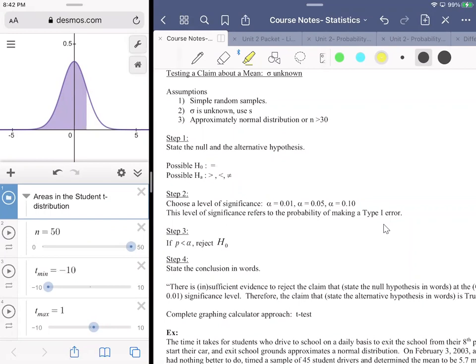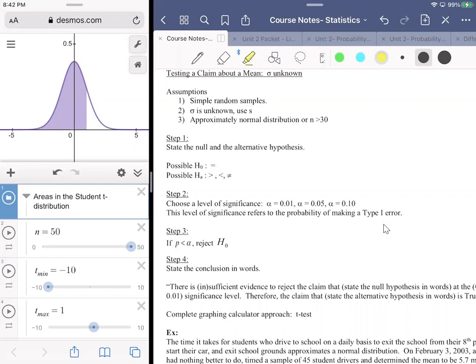So the assumptions for a hypothesis test are important because it's weird. In a hypothesis test, we call them assumptions, but the reality is they're more like criteria. They're conditions, criteria that need to be in place in order for you to use that hypothesis test to begin with.